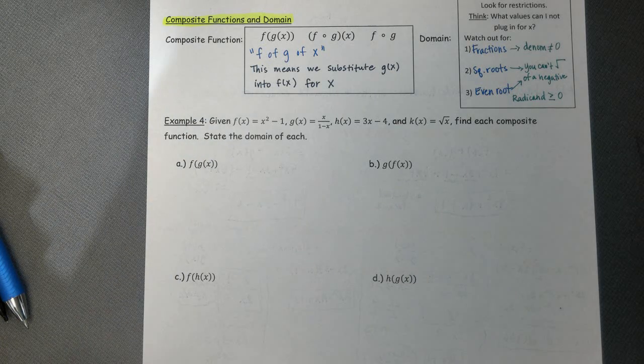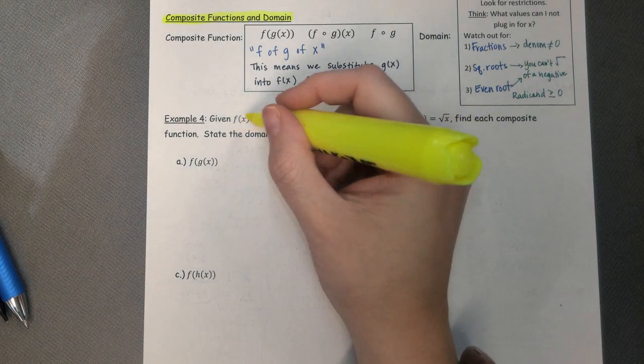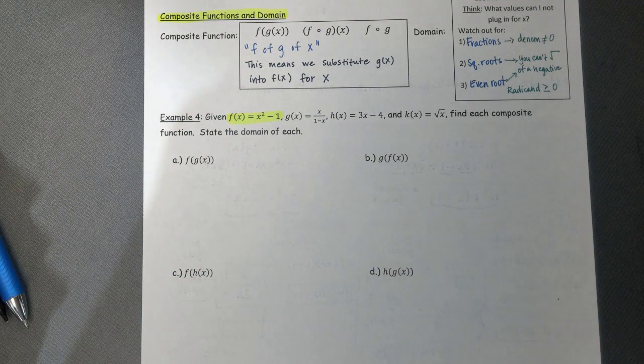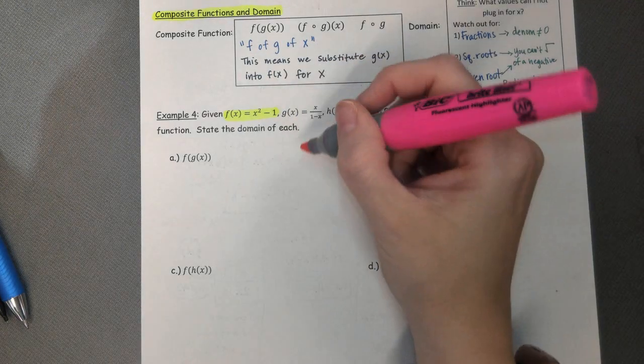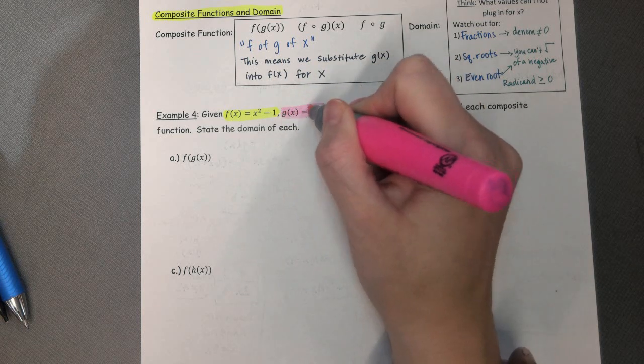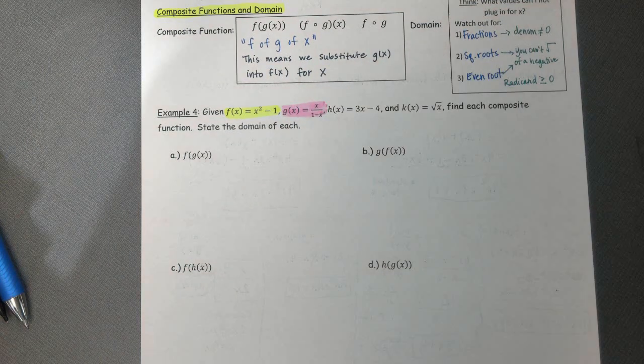Okay, so the first thing we're going to do is we're just going to highlight all of our beautiful functions here. Actually, let's just start with the first two. And we'll do f of g of x. So f of x is x squared minus 1. G of x is x over 1 minus x.